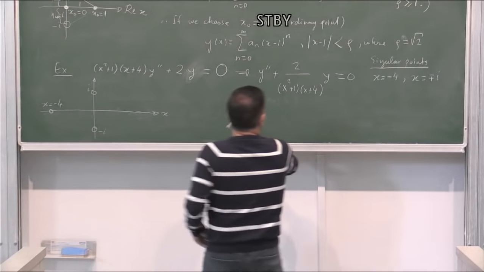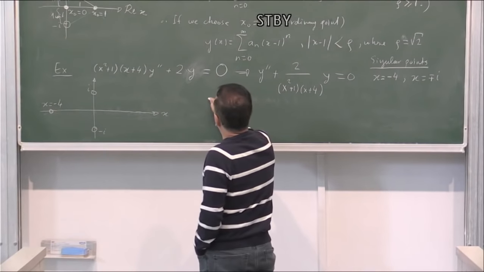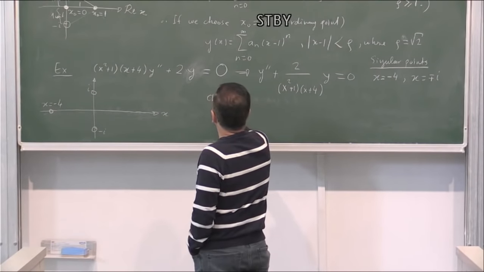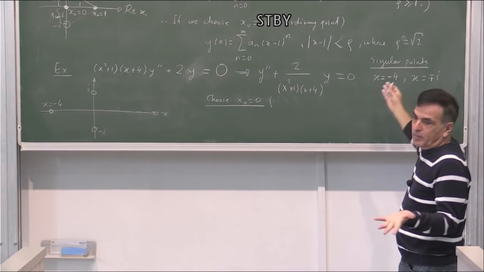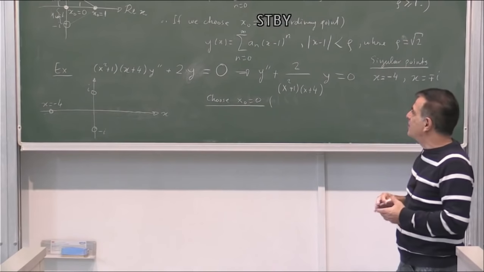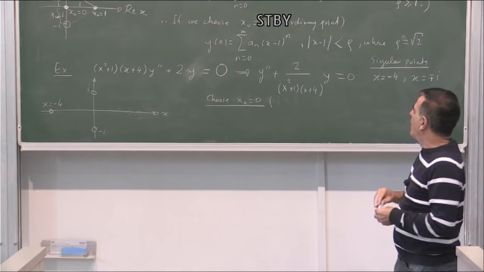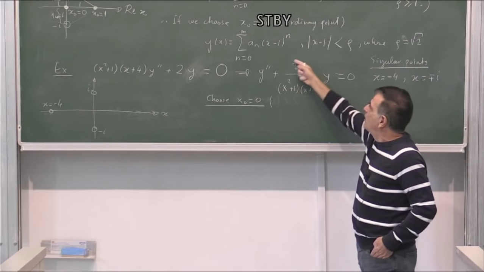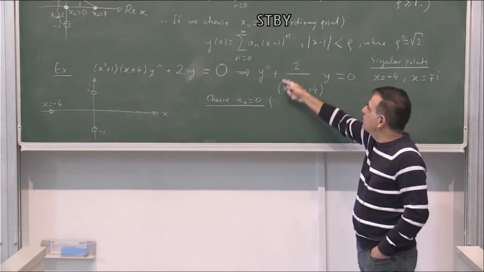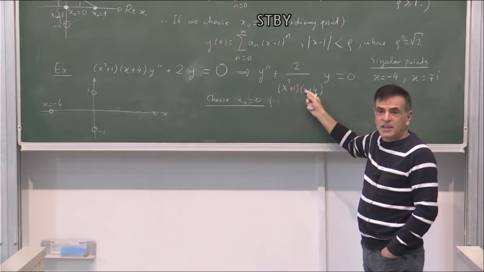So now, choose, for example, choose again x0 equal to 0. Is it an ordinary point? Yes. x0 equal to 0 is an ordinary point because it is not a singular point. At x equal to 0, this rational function is analytic.